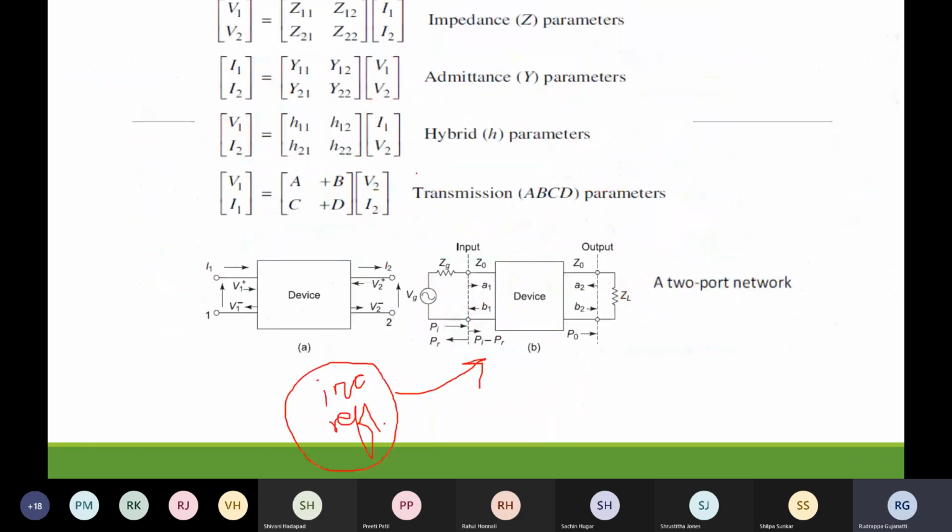So here, say this is a two-port microwave network. We can see that there are two pairs of parameters specified, that is, A1 and B1, and A2 and B2. If you observe over here, we have the incident and the reflected wave amplitudes, and again incident and reflected wave amplitudes at the other port.